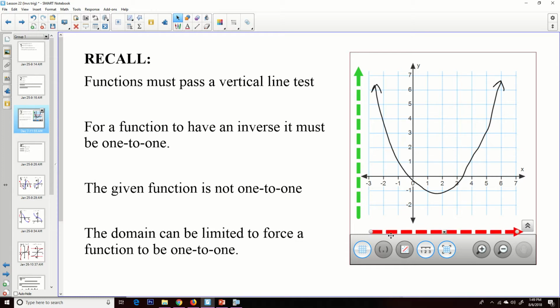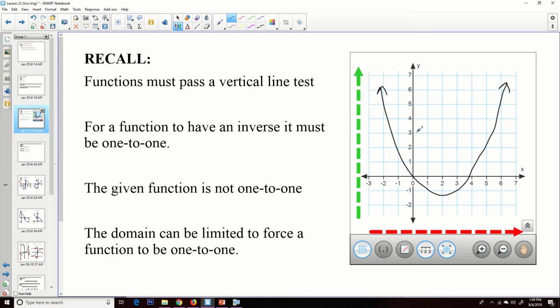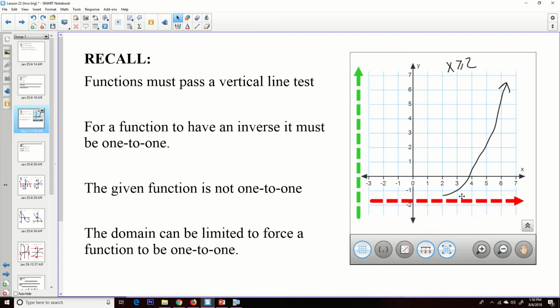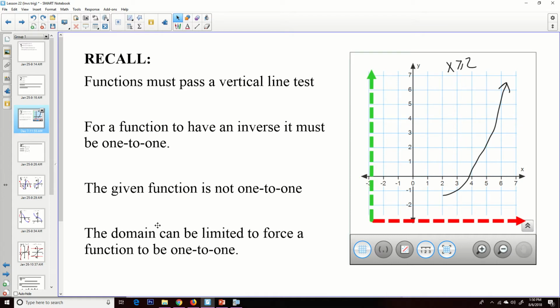But what we can do is limit the domain and say that this function has x values only greater than or equal to 2, and then we are only graphing those values. And this new function, x squared where x is greater than or equal to 2, passes both the horizontal line test and the vertical line test, and therefore it is one-to-one.